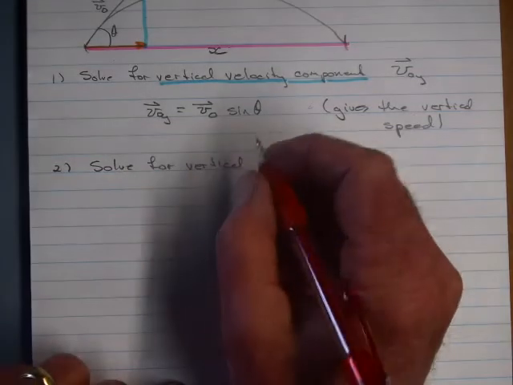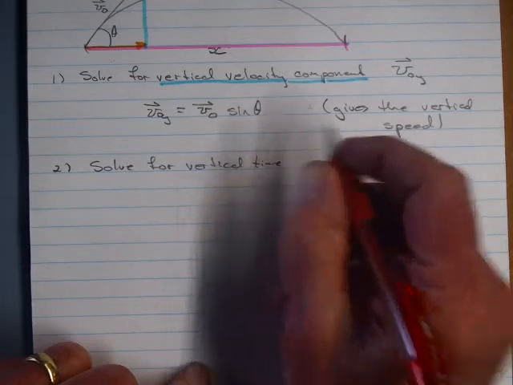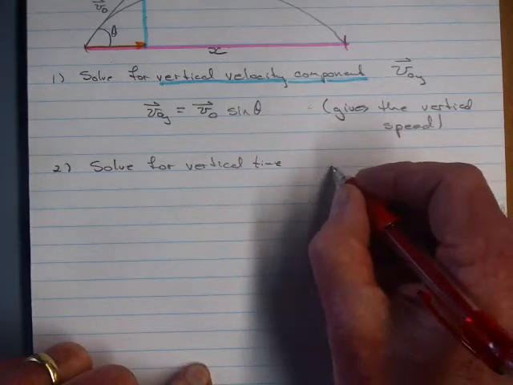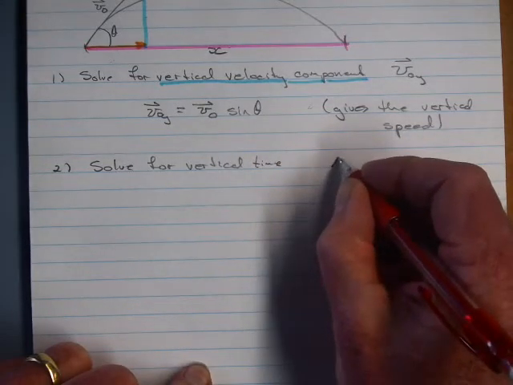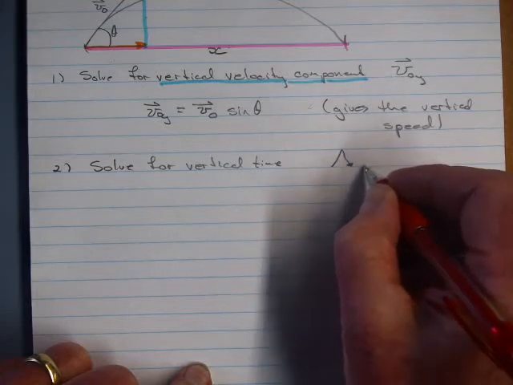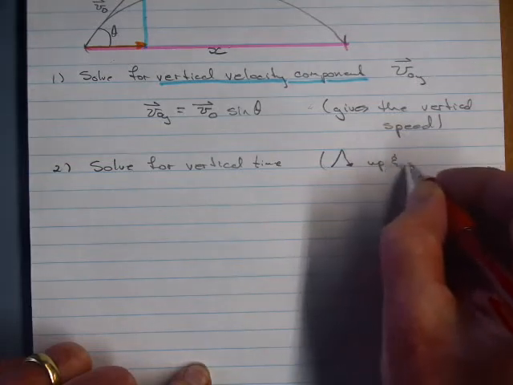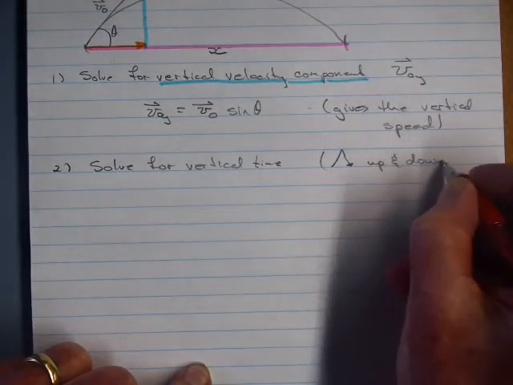Okay? Solve for vertical time. And what I mean by that is this is the time that you go up and down total. So this is up and down time.